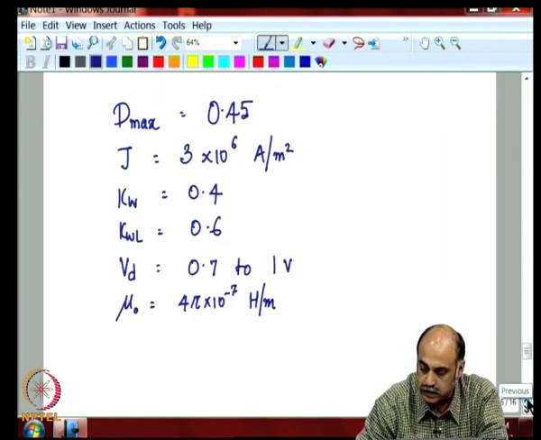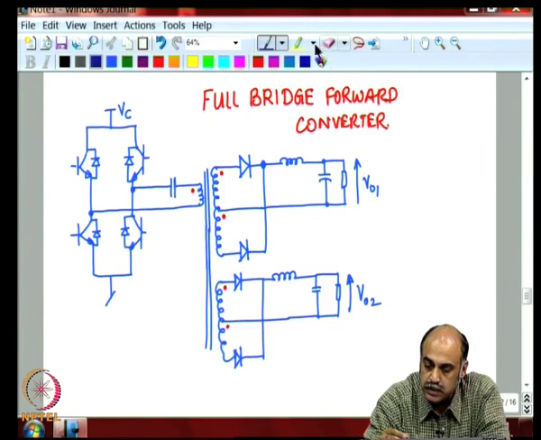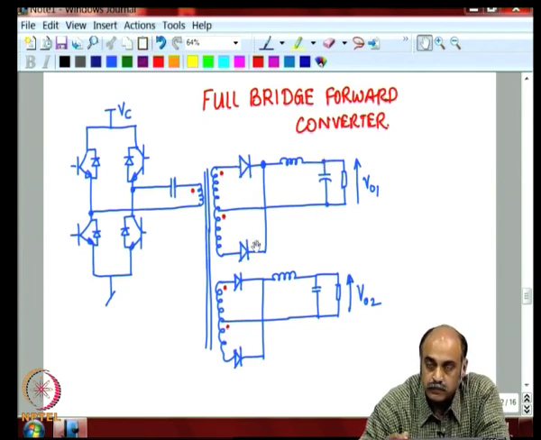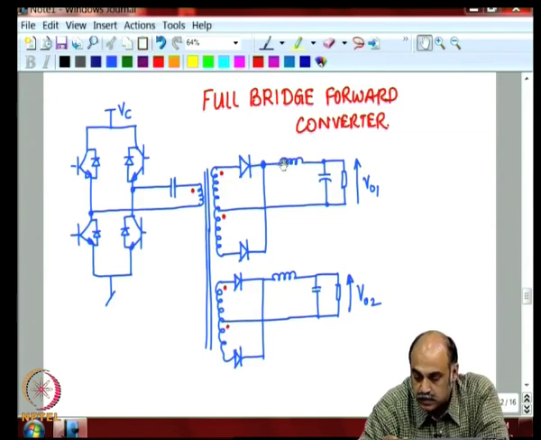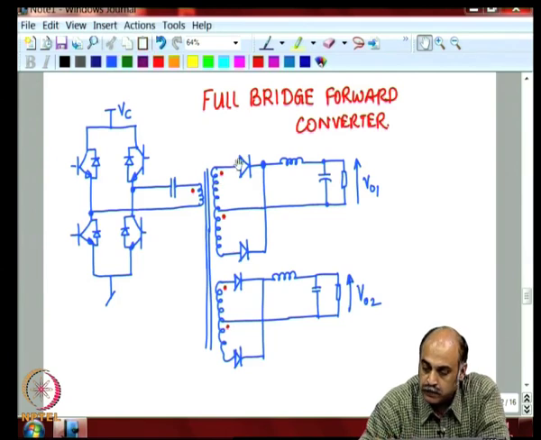If you look at this circuit, you will see that V naught, there will be some drop across the diode. So, that is what we have accounted for. There will be drop across the winding resistance of the inductor. There will be drop across the winding resistance of the transformer.